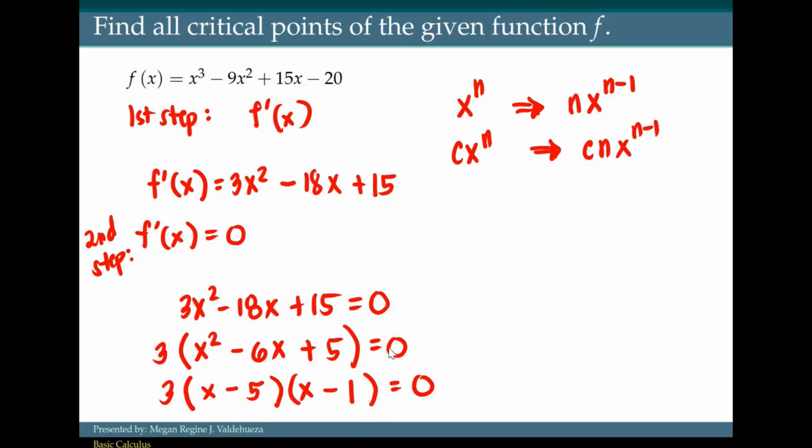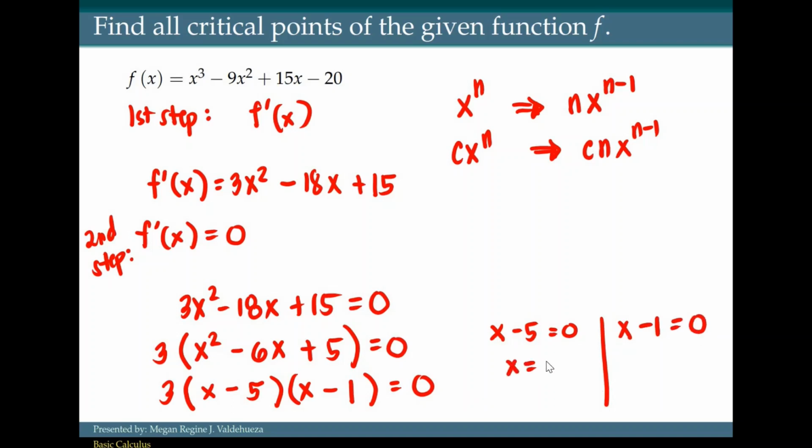So we have the factors of 3x squared minus 18x plus 15 equal to 0. So from here, we have x minus 5 equal to 0 and x minus 1 equal to 0.